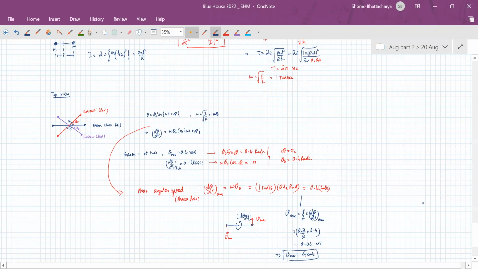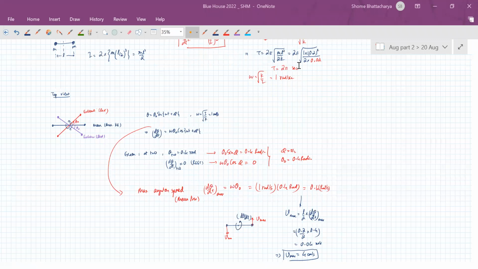In a horizontal plane, it will be twisting back and forth, clockwise and anti-clockwise. And as it is doing that angular oscillation, every time it passes through the mean position, it has the maximum kinetic energy. So the dumbbell has maximum angular speed, and therefore the individual particles of the dumbbell have maximum tangential linear speed, L/2 into the angular speed.